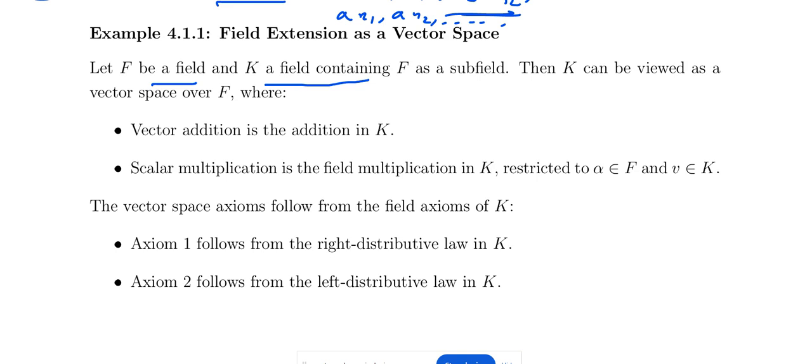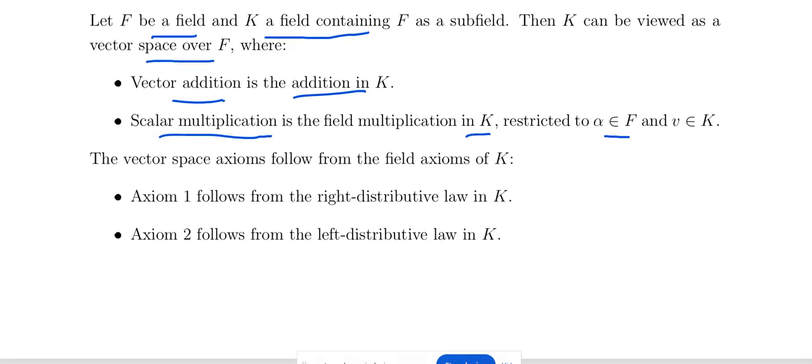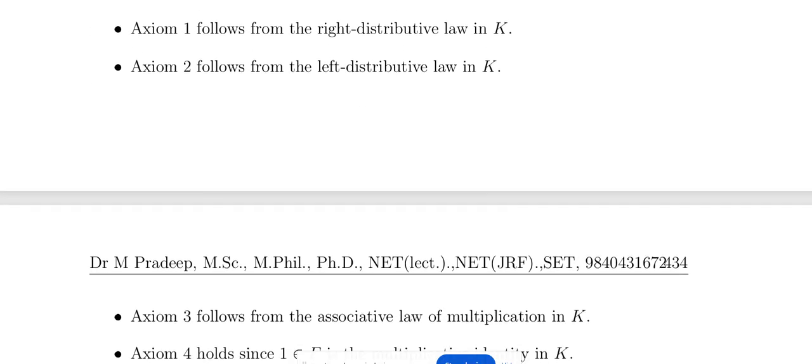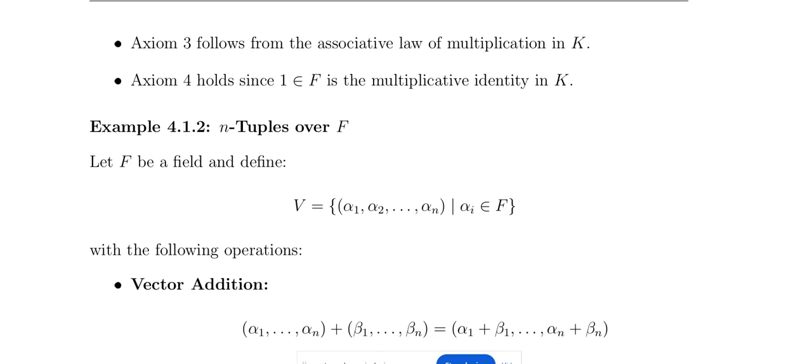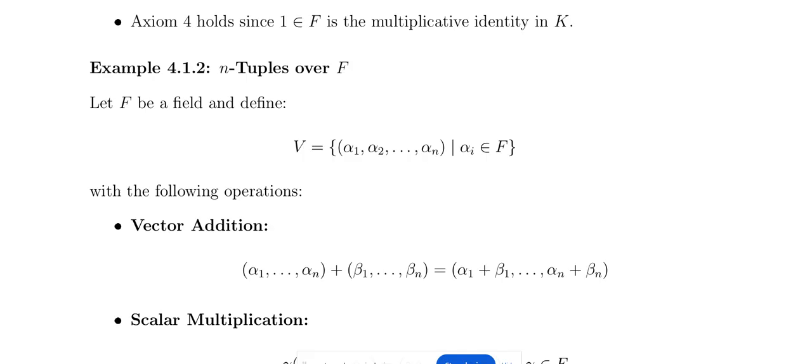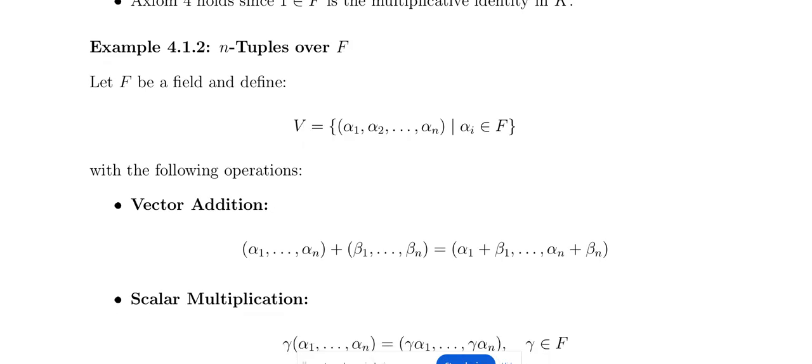So K can be viewed as a vector space over F, where vector addition is the addition in K, and scalar multiplication is the field multiplication in K. That means alpha belongs to F and v belongs to K. The vector space axioms follow from the field axioms of K: the right and left distributive laws, the associative laws of multiplication, and 1 belongs to F, the multiplicative identity in K. So this is another example of a vector space.